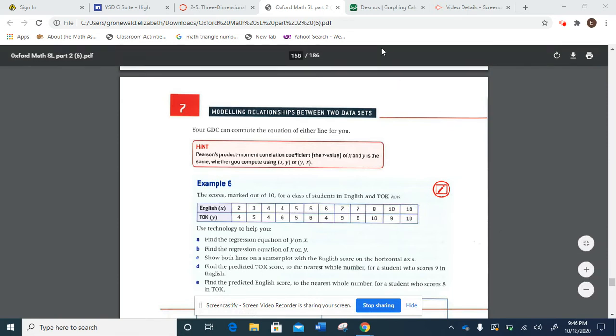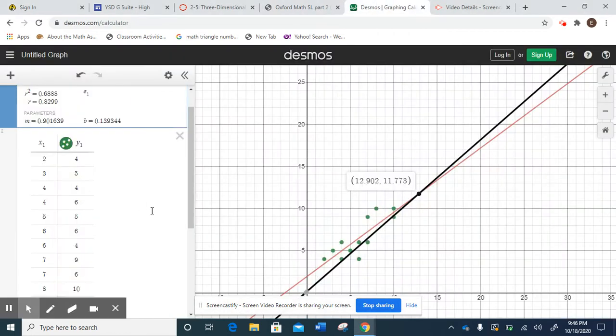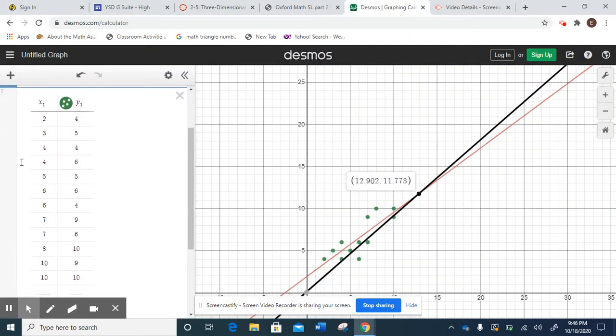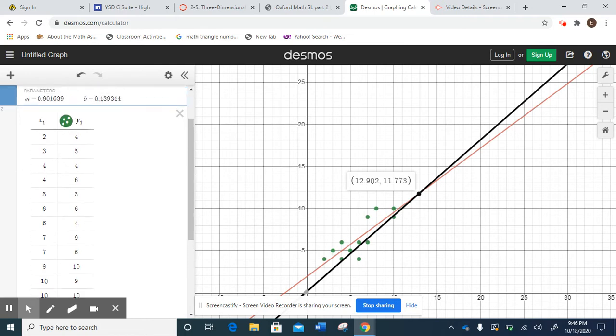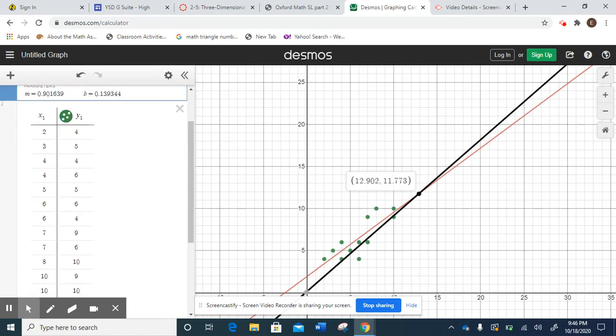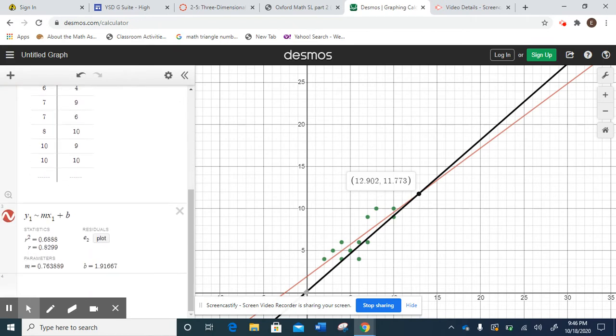I have everything already typed in. I put in my 2 rows here, and remember when you do your plots, there needs to be a subscript with an underscore, and then the tilde for your plots.